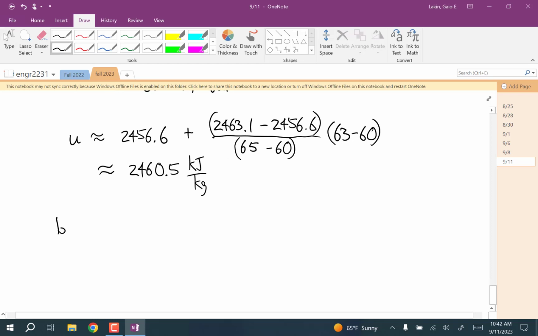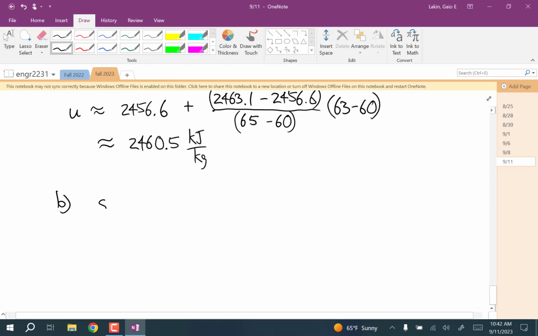Okay, so for part B, let's just do one with the liquid. I don't think we have to do both of those. Now this is for a saturated liquid, and so you have to look in a different column of the table for the saturated liquid versus the saturated vapor.